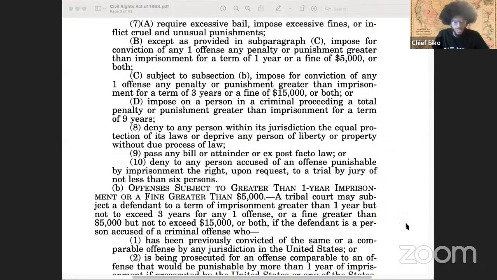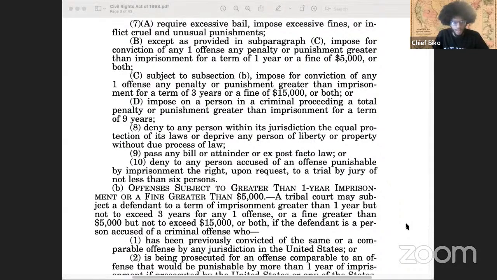We have B, offenses subject to greater than 1 year imprisonment or a fine greater than $5,000. A tribal court may subject a defendant to a term of imprisonment greater than 1 year but not to exceed 3 years for any one offense, or a fine greater than $5,000 but not exceeding $15,000, or both.